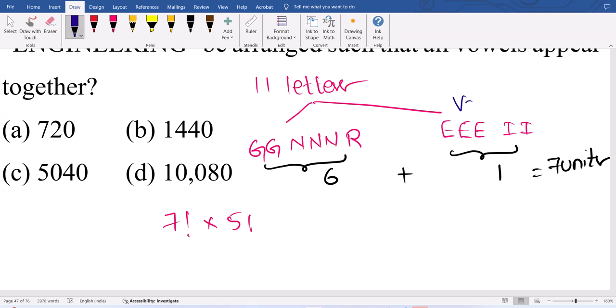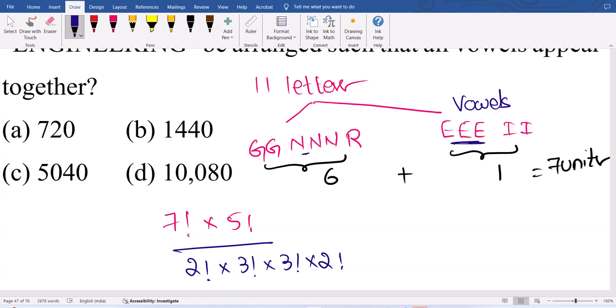Vowels. Now divided by, huge work is there. Because of G 2 factorial, because of N 3 factorial, because of E 3 factorial, because of I 2 factorial, those repeated letters give extra factorials.